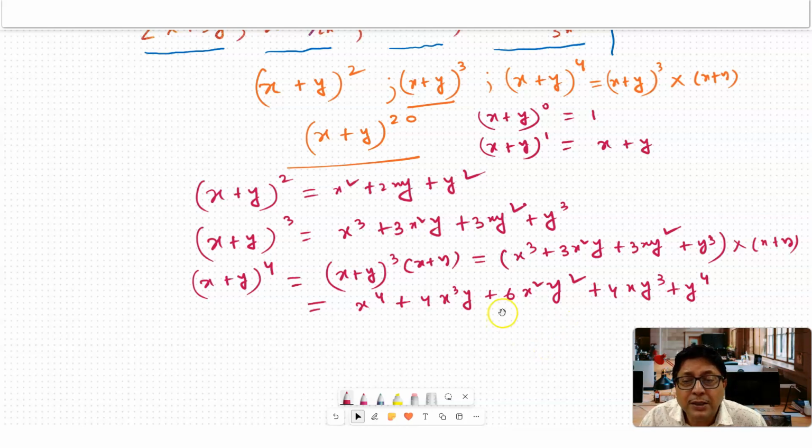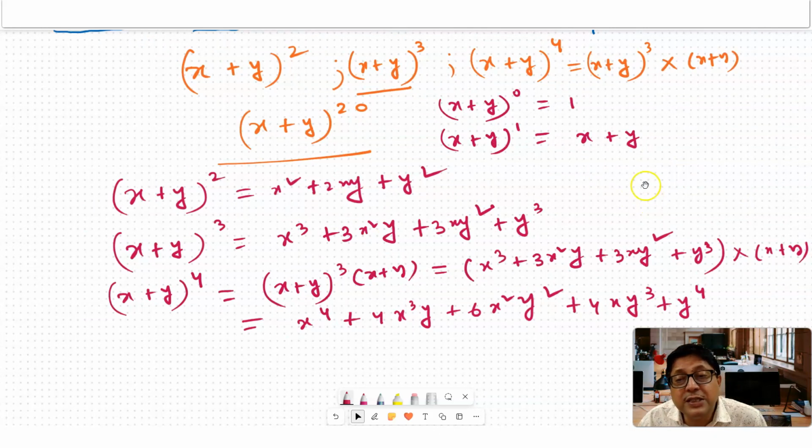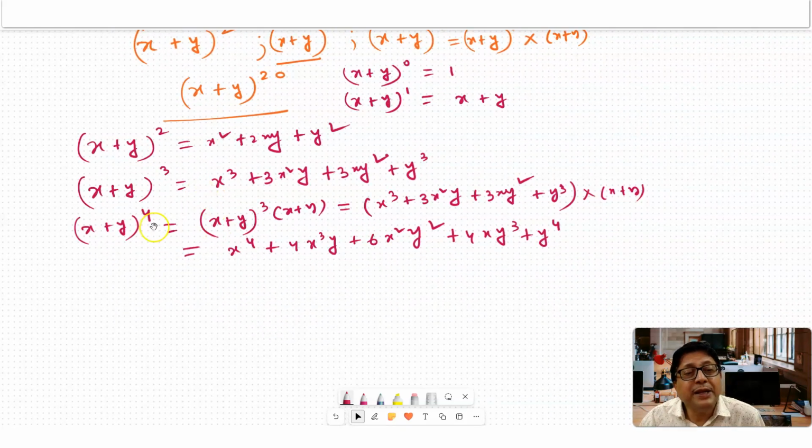But before that, you see the number of terms. If it is 4, then the number of terms after expansion becoming 5: 1, 2, 3, 4, 5. It was 3, then it is 4. It was 2, then it is 3. It was 1, then it's 2. 0, 1. So in any one of these expansions, if the index is 4, then it is 5.